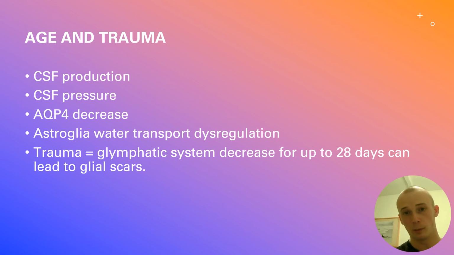And then on top of this, we also have a decrease in those vital aquaporin 4 channels that we mentioned earlier. And this is all relating to the dysregulation of the astroglial water transport system that helps make up our glymphatic system. So that all sounds a bit morbid and not too hopeful for the future.